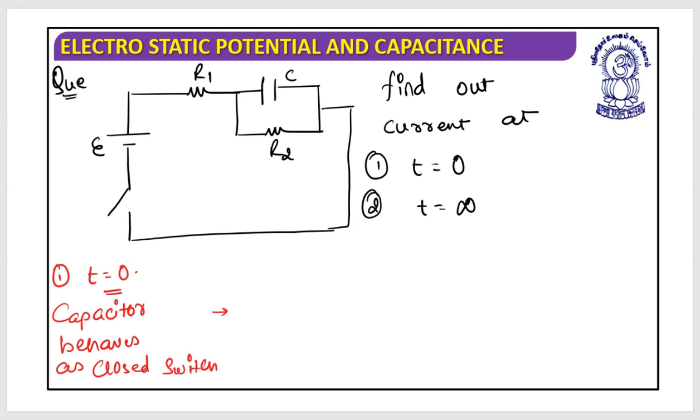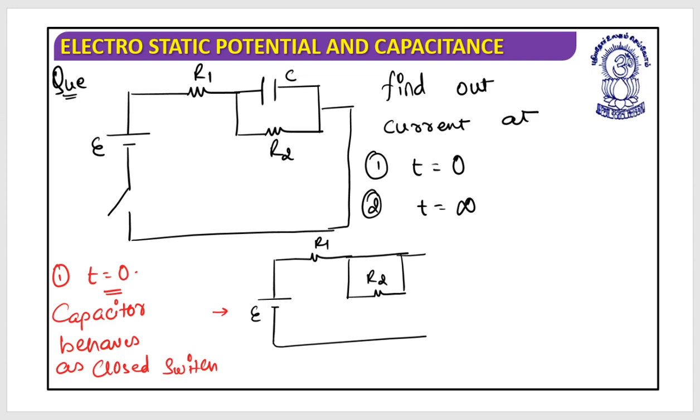So when I redraw the diagram, the situation would be: this is the battery, this is R1, and the capacitor has been connected with the wire. This is R2, and this has been connected. When current starts going from here, it will move in this direction.